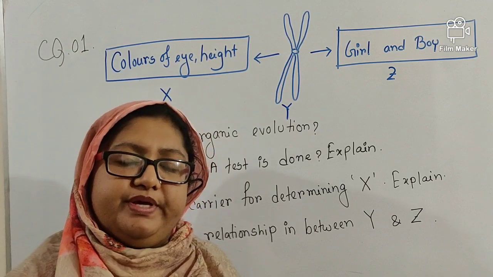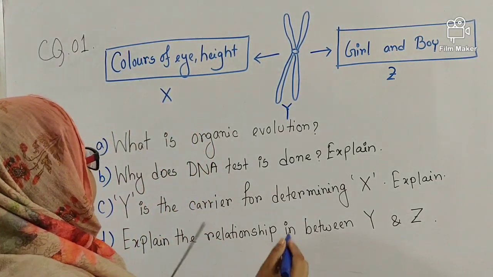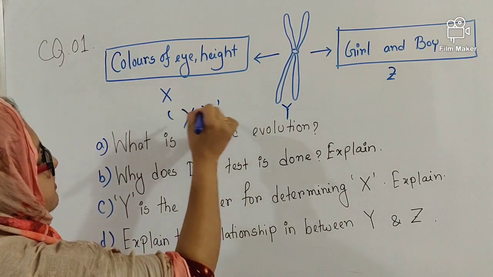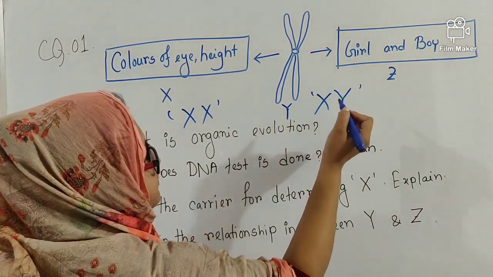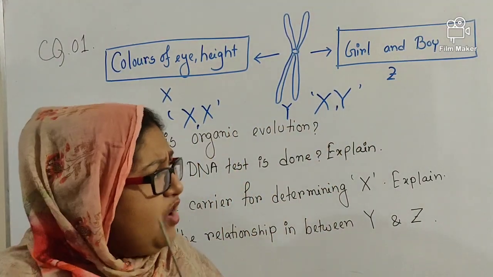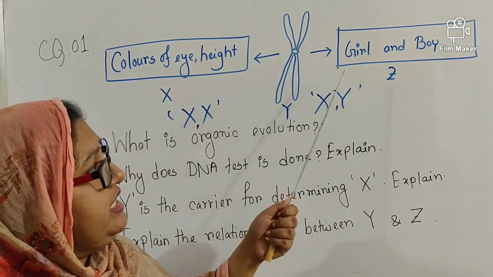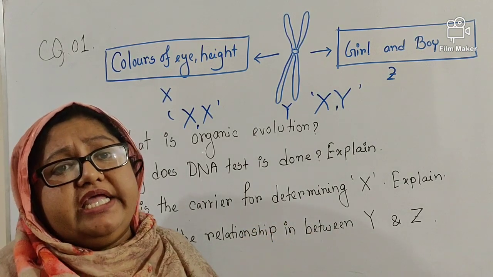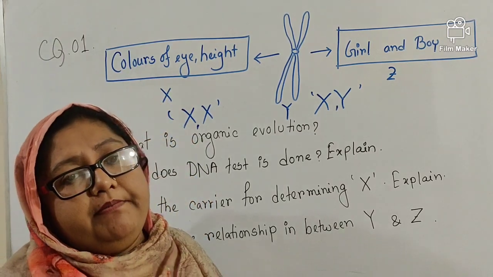Now, in the case of female, it is X and X. And in the case of male, it is X and Y. Now the question is, how does it play a role in giving birth to a girl or boy? This chromosome plays a vital role in determining the sex of any child.